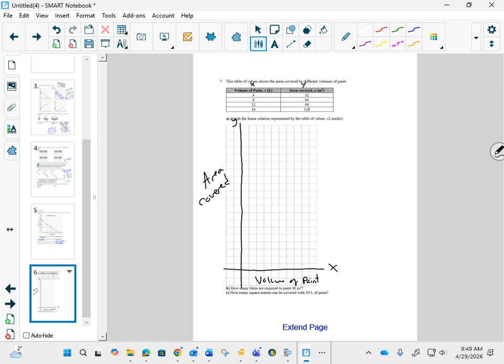Maybe I'll count by twos. 2, 4, 6, 8, 10, 12, 14, 16. It is very important when we're graphing that whatever scale we use, I'm counting by twos.